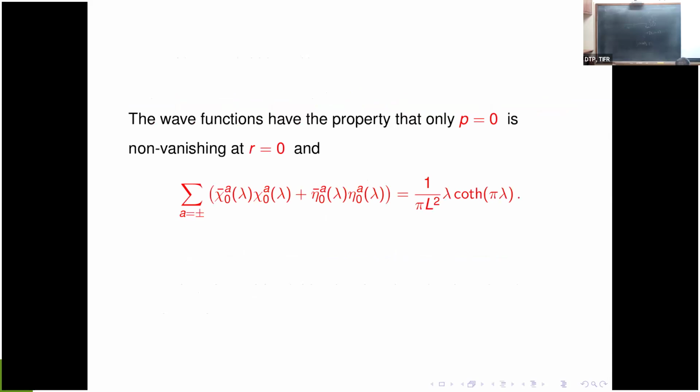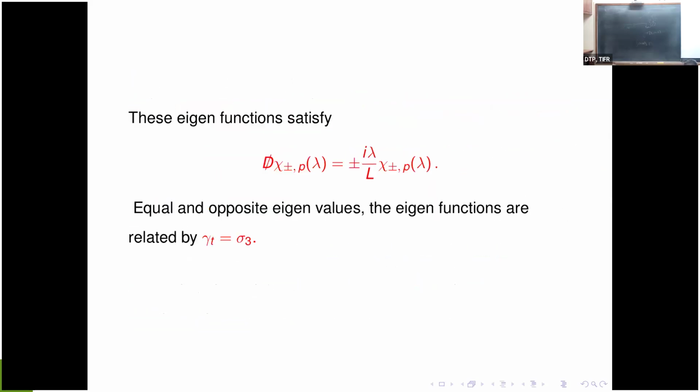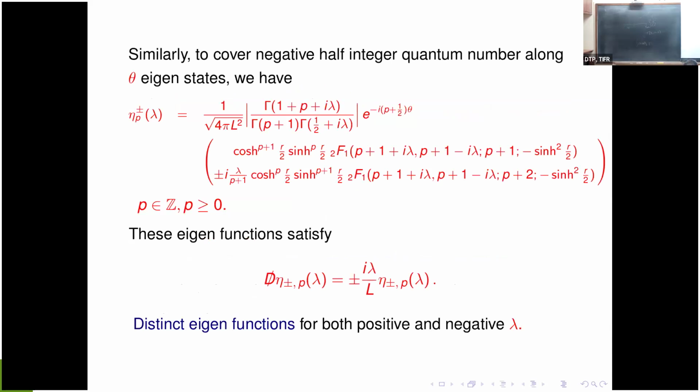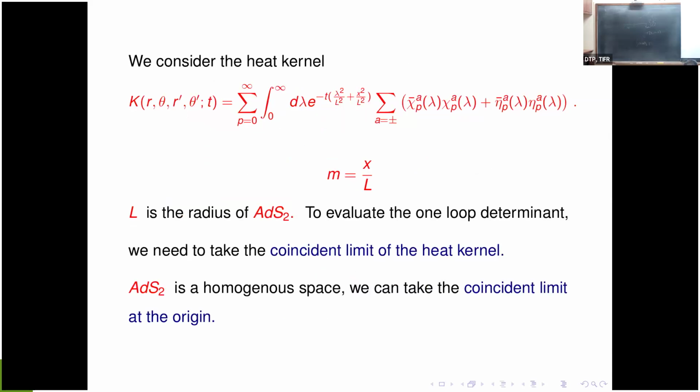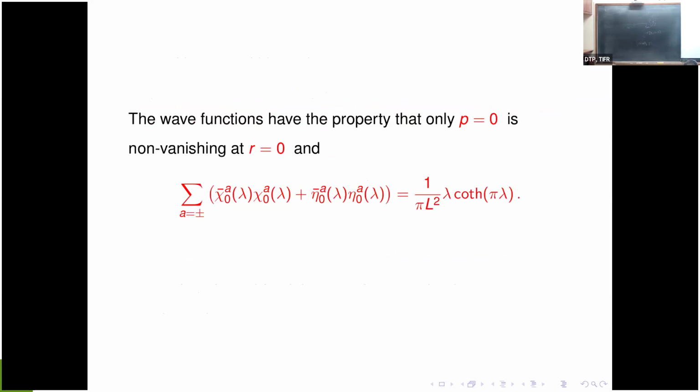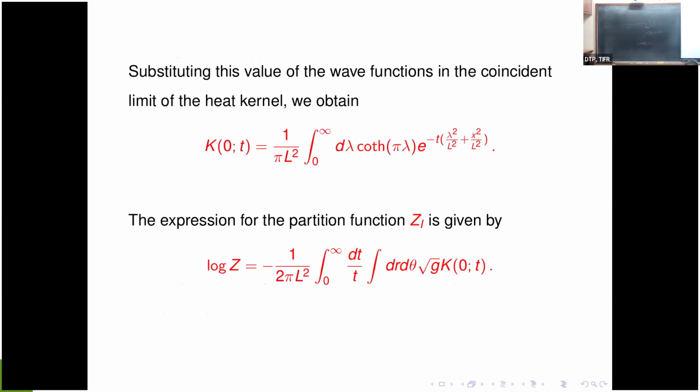And again, there is this nice property that at p equals 0, this object is non-vanishing. It is the only object which is non-vanishing. You can see from the structure that it's the only one, and you just have to replace it with this. This has a name in the literature. It's called the Plancherel measure. So we put it inside, do this heat kernel integral, and from that find the partition function.